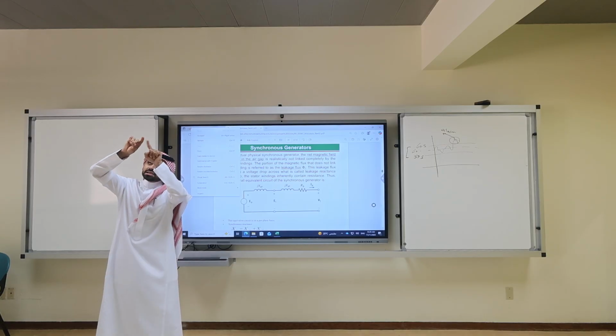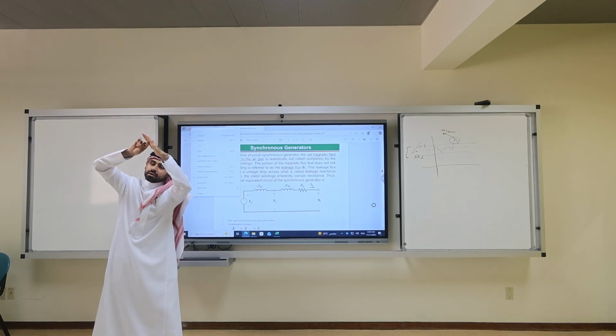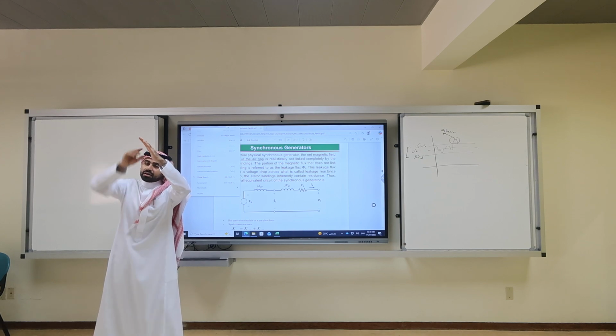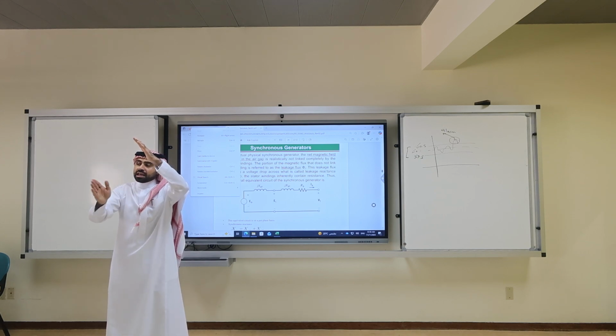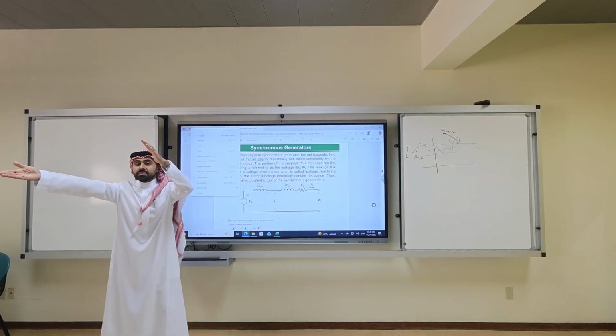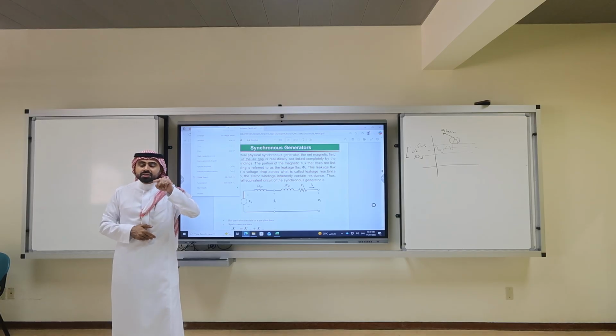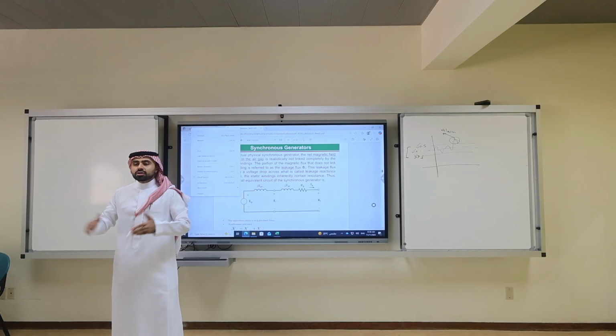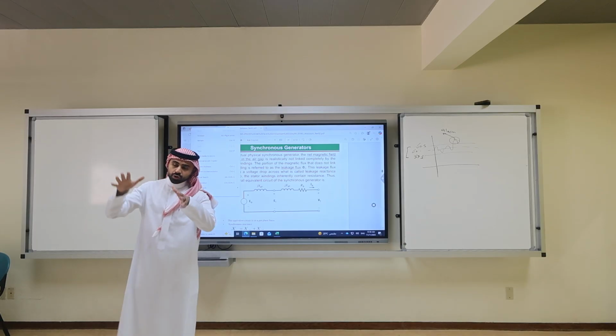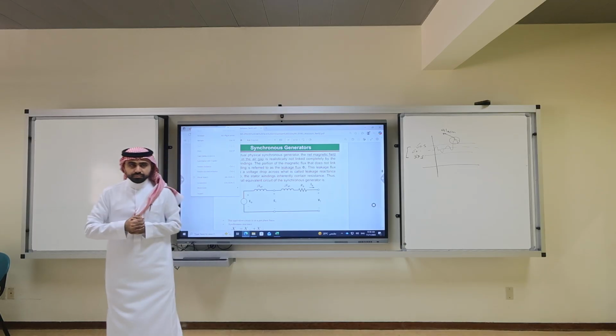Between the head of the salient pole and the stator it should have maybe 1 millimeter, but because it is salient, the lower part of the teeth maybe has a 1 centimeter gap. So a salient pole has more leakage reactance. Not all the flux would propagate from the rotor to the stator.